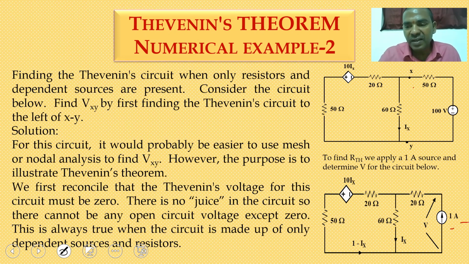So 1 ampere is coming here, Ix is moving like this, so here it is 1 minus Ix current. So 3 currents are there.